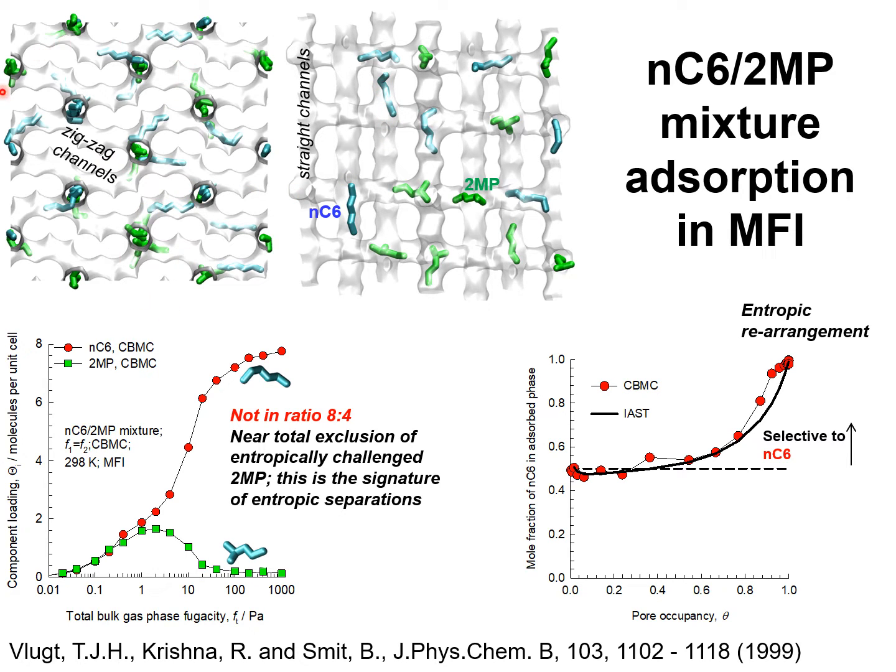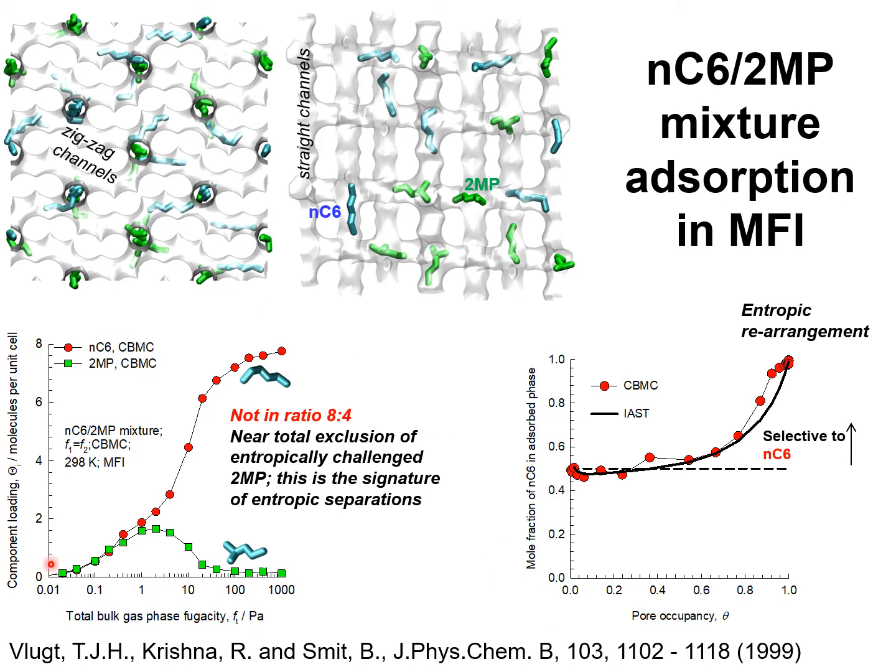This is the view from the top, and this is the view from the side. This is a characteristic of entropically driven separation, that as the pores get increasingly occupied, the entropically challenged component is virtually excluded from the pore space.